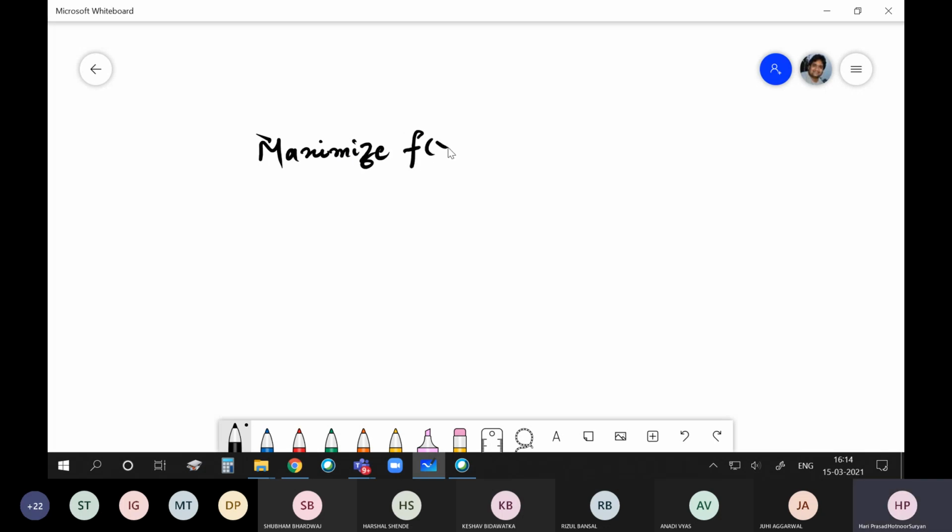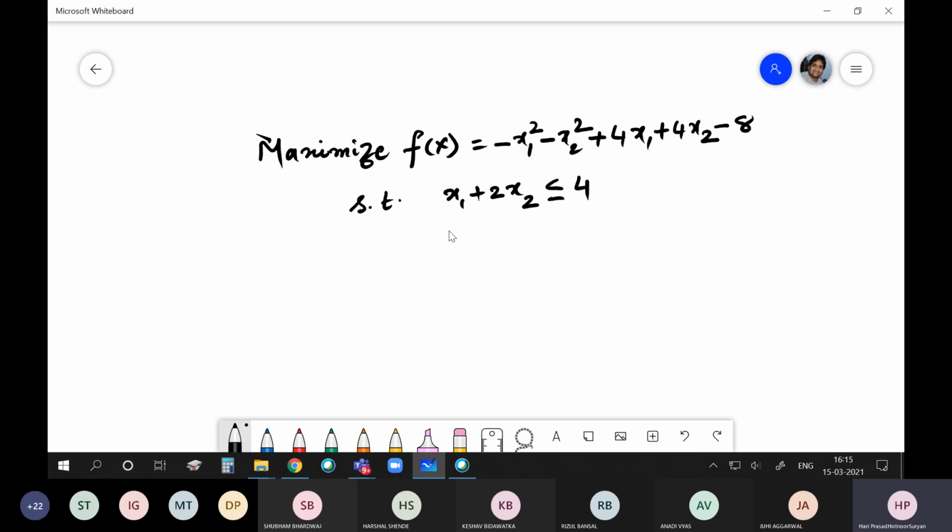Maximize a function f of x, which is a function of two decision variables, minus x1 square minus x2 square plus 4x1 plus 4x2 minus 8, subject to the constraints that x1 plus 2x2 is less than or equal to 4 and 2x1 plus x2 is less than or equal to 5.